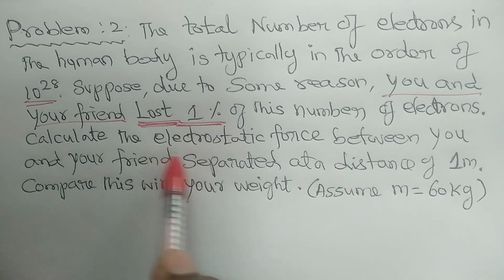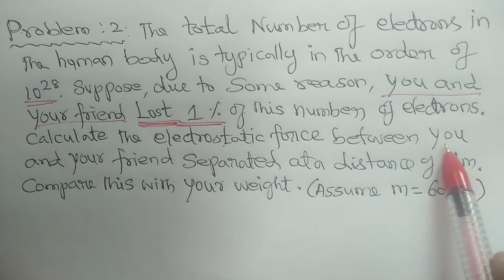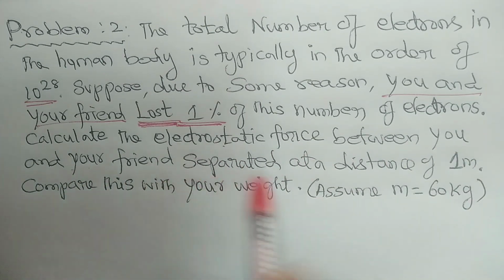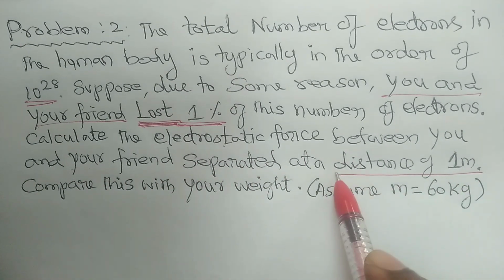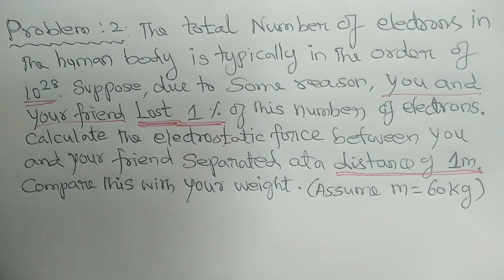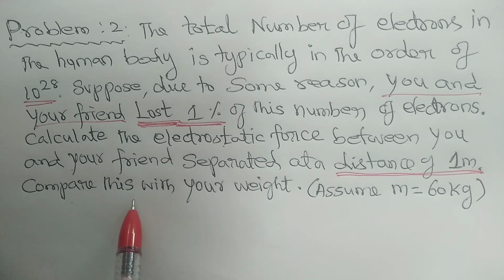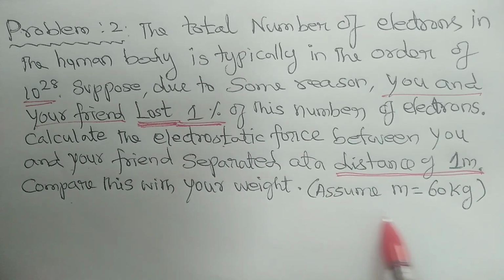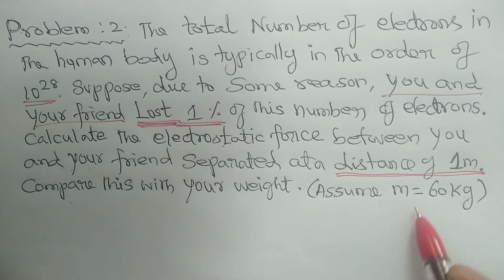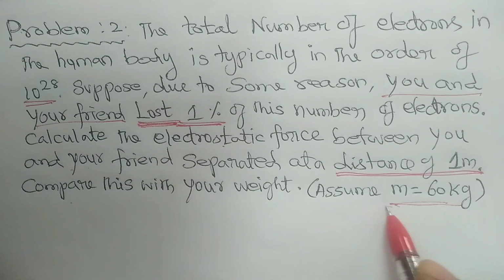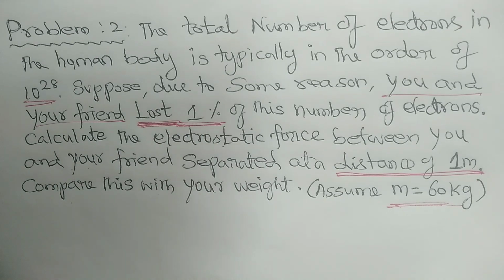So calculate the electrostatic force between you and your friend separated at a distance of 1 meter. Then compare this result with your weight. Assume the mass of each person is equal to 60 kg, and you will use the point charge approximation.